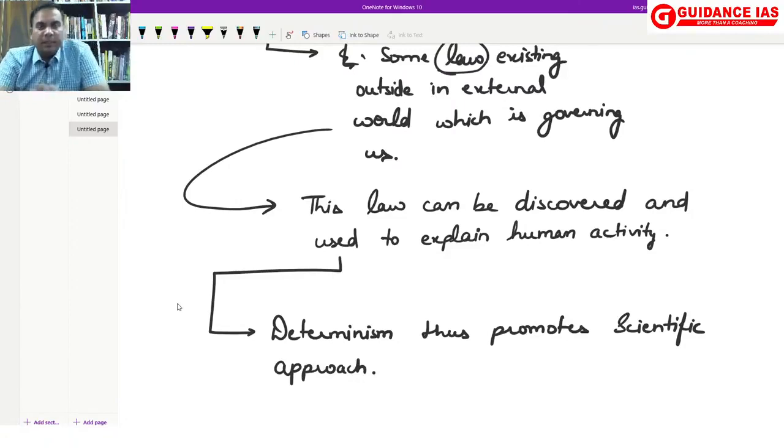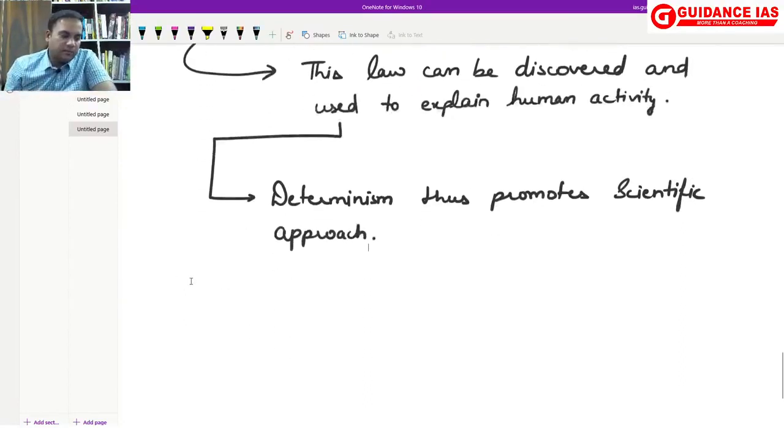Maybe before the Renaissance determinism was not scientific, it was not rational. But we know after the Renaissance society became more rational. Thus everything had to be explained, cause and effect. So after that, can I say determinism would have become scientific?